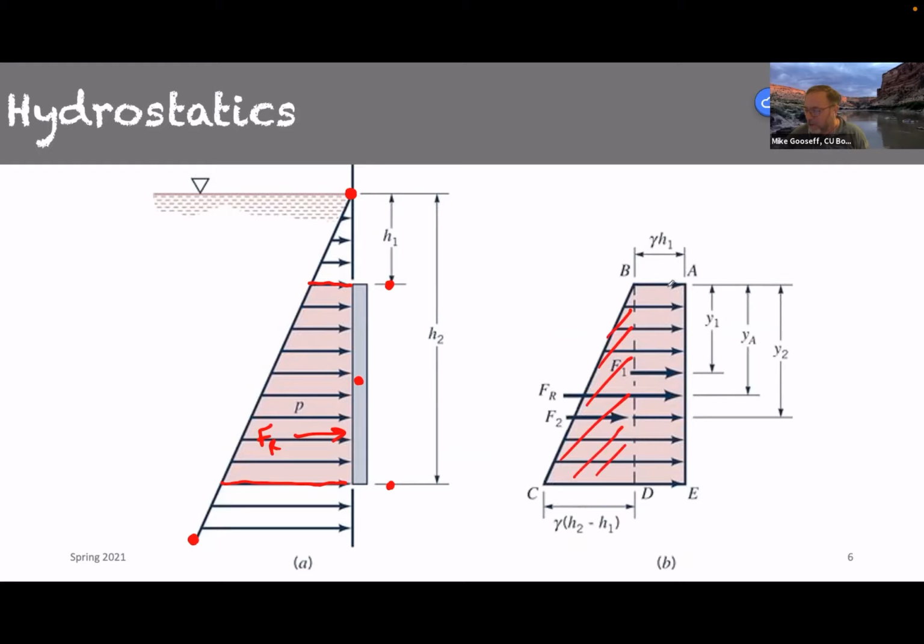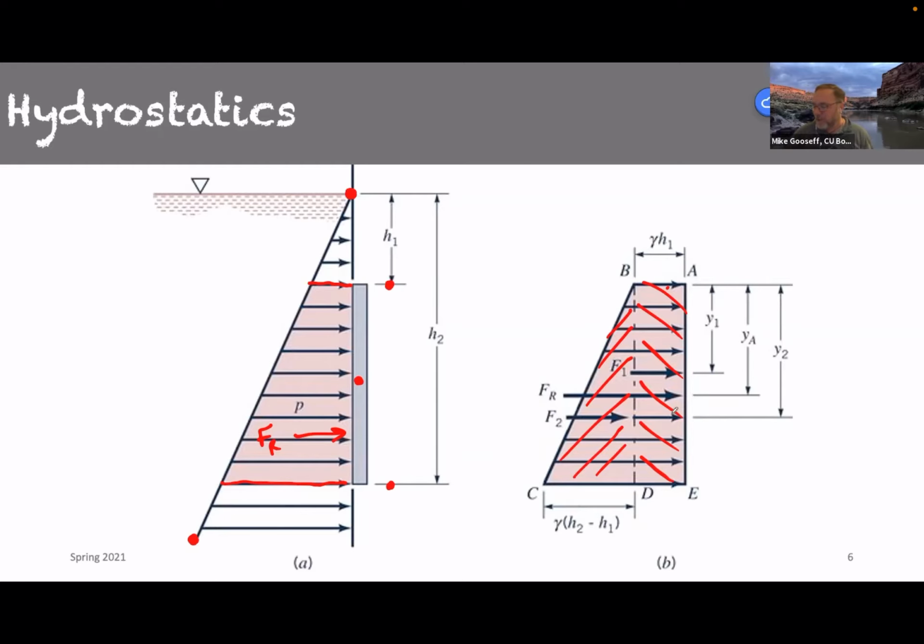A triangular area here, a rectangular area over here, to figure out what the components of that force are going to be, based on the rectangle and the triangle of pressure that's acting, and add them up to get an F1 and an F2 that would give us F sub R. Okay, so that was one simplifying approach where F1 and F2 are going to act at different locations simply because they represent two different things.